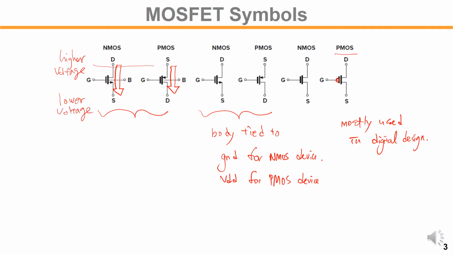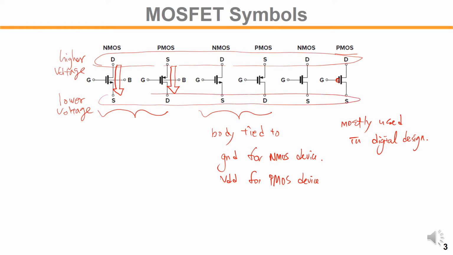All these must be higher voltage, and below those are lower voltage, to make sure all the current flows from top to bottom. Identifying the current direction is quite important.